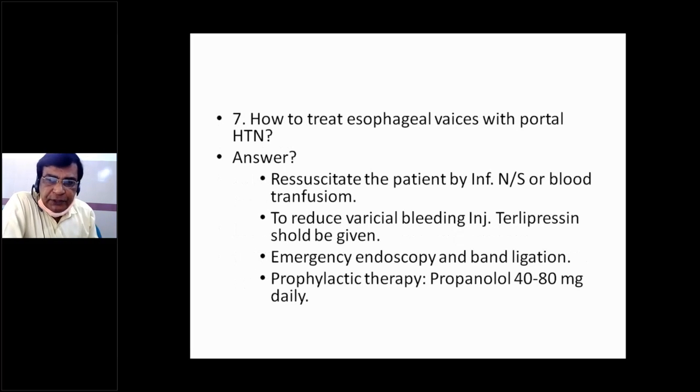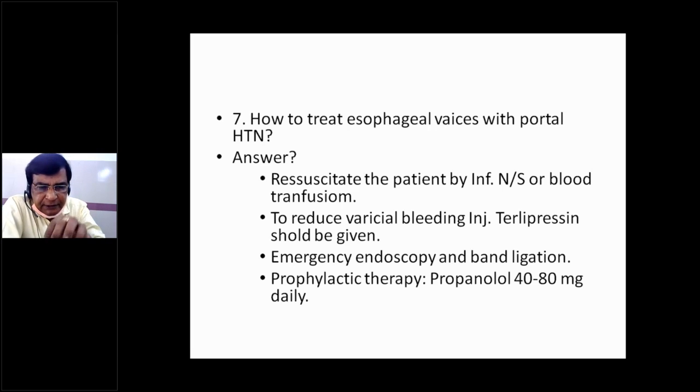How to treat esophageal varices with portal hypertension? First, resuscitate the patient by giving normal saline infusion and blood transfusion. Secondly, reduce variceal bleeding by injection terlipressin. And emergency endoscopy should be done, and band ligation should be done.